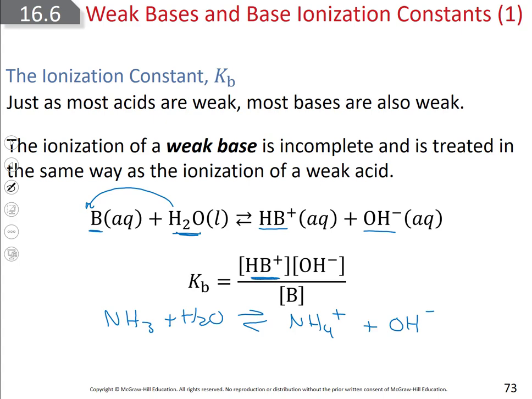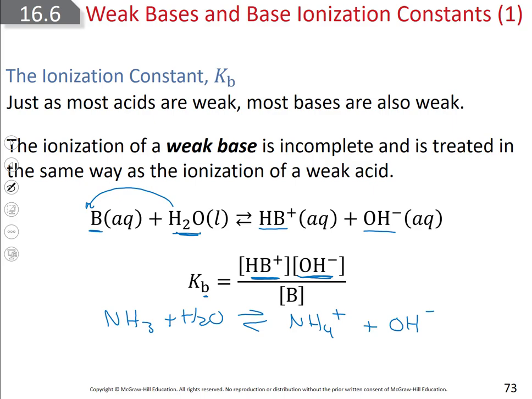Remember, to find the conjugate acid, you just add a hydrogen and increase the charge by 1, times the hydroxide, divided by the concentration of your base at equilibrium. Now, this is going to be equal to your equilibrium constant K, and because we're now dealing with a base instead of an acid, we have a B instead of an A, but it's still just the equilibrium constant calculated the exact same way. But we're just dealing with bases, so we'll have a new table.